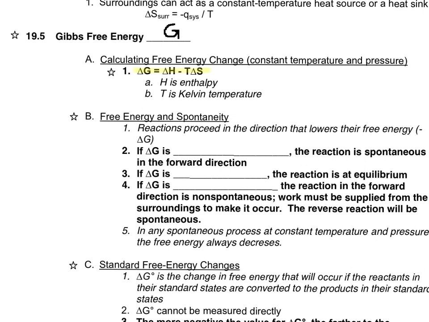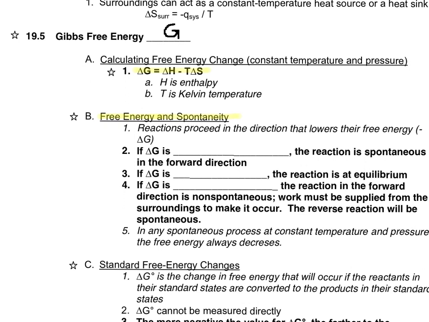One of the things that free energy is used for is to predict spontaneity. For our other two, entropy and enthalpy, you can get a prediction of a tendency. Spontaneous reactions tend to have increases in entropy, but they don't have to. But Gibbs free energy, G, tells you absolutely whether something is spontaneous or not.